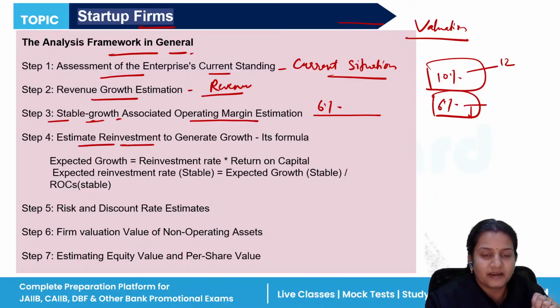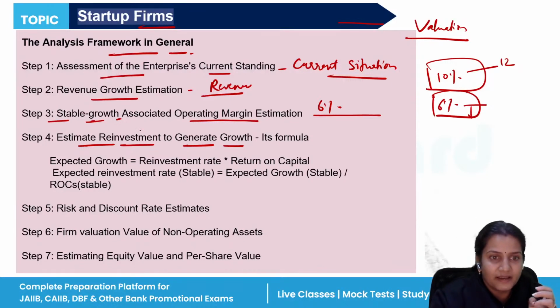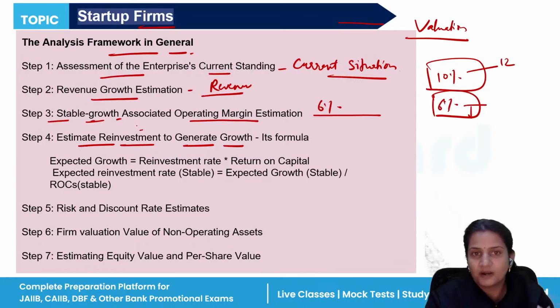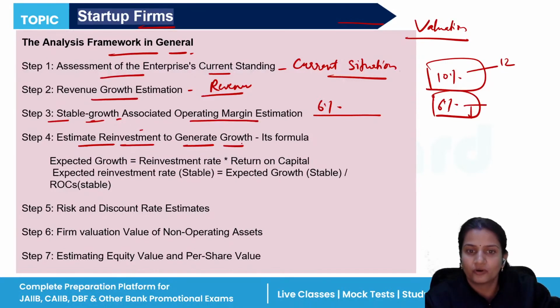Now, estimate reinvestment to generate growth. So in step four, what happens? If the startup company has made a huge profit, and this profit is being generated, they may contribute more to the growth of the company. Estimating reinvestment means the profits which the company has earned are being reinvested to generate more growth.